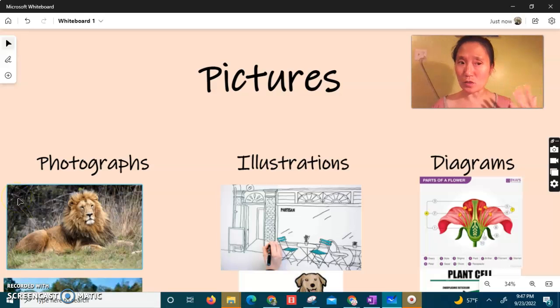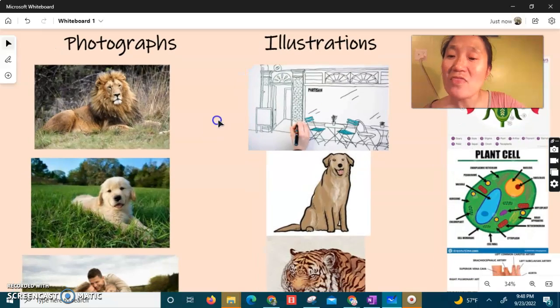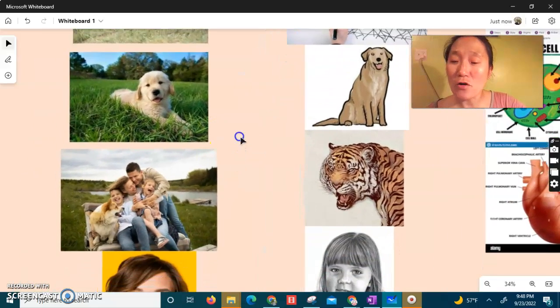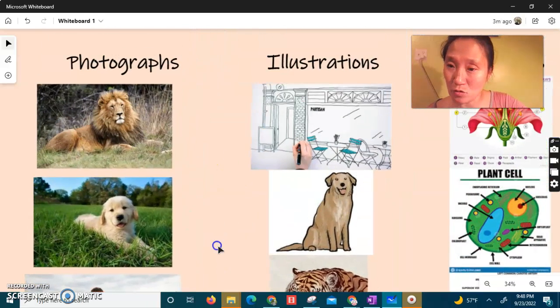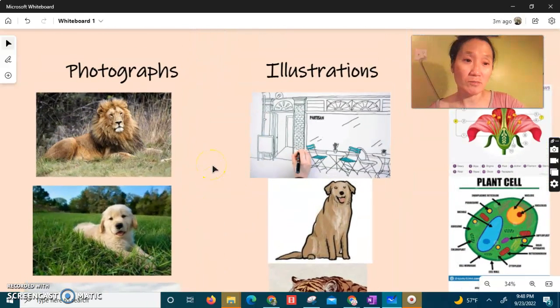Photographs are super common, very important. Everybody likes a photograph, okay? So let's scroll down and just take a look at some photographs. The key part of a photograph is it was taken by a camera, sometimes on a phone, or an actual camera by a photographer, okay?